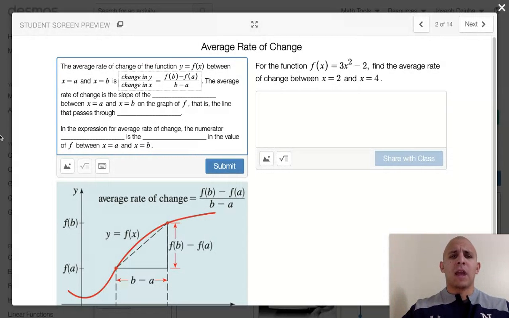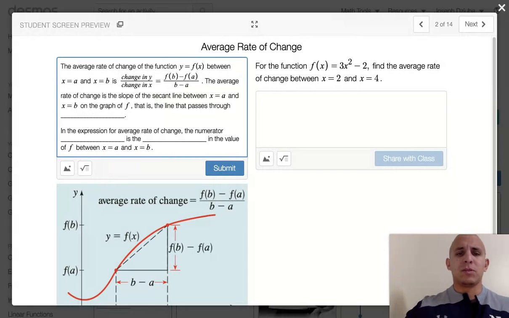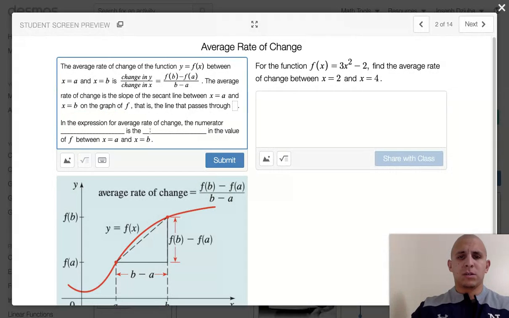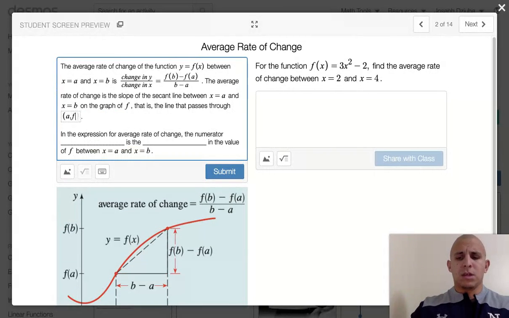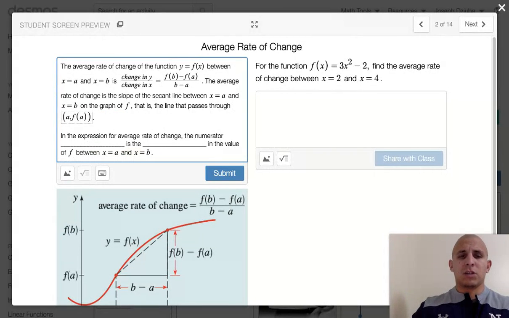So the average rate of change is the slope of the secant line between x equals a and x equals b on the graph of f. That is the line that passes through the following points: a, f of a, so that's point 1, and b, f of b, that would be point 2.